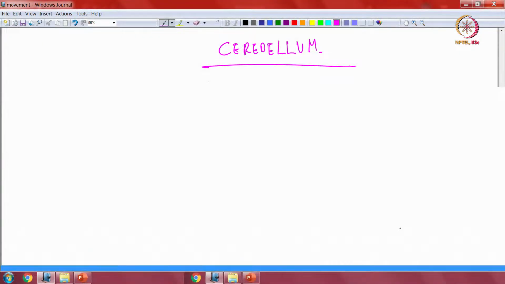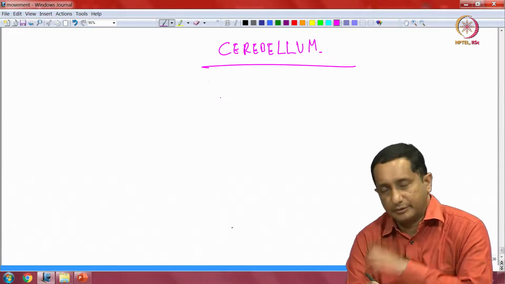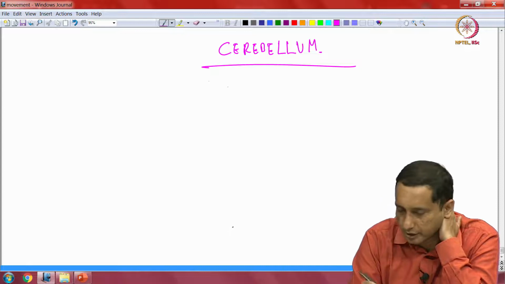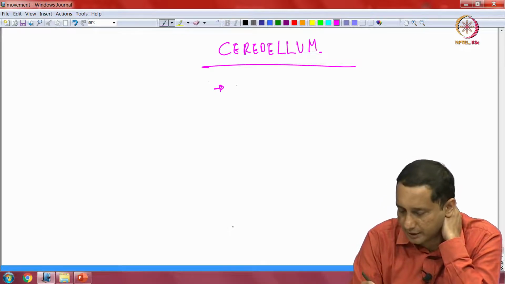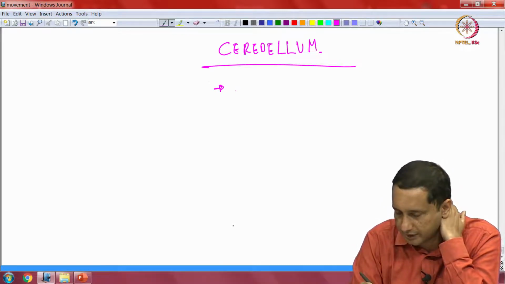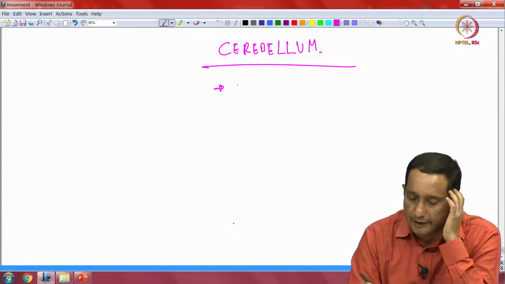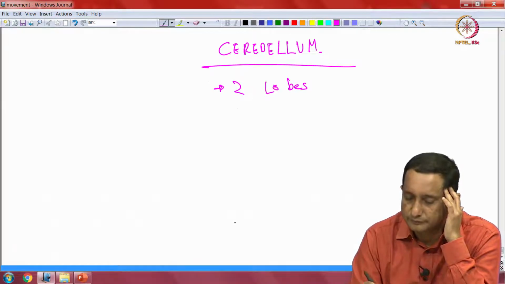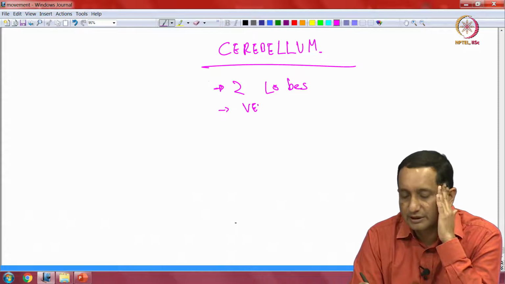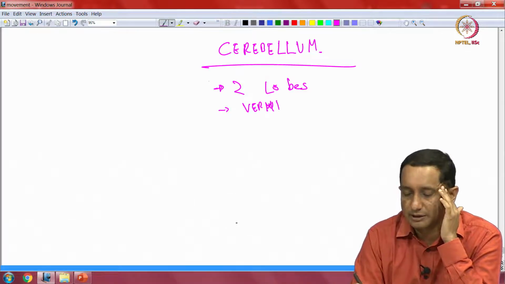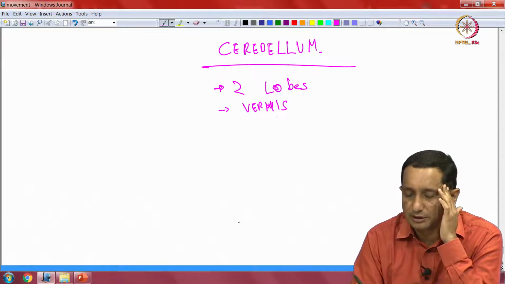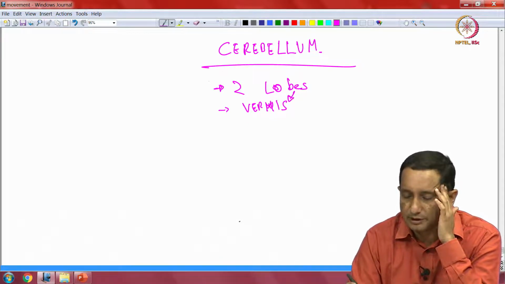We proceed to a more interesting topic, cerebellum. The cerebellum is located somewhere over here. I have explained in anatomy how to recognize it in an image, how it looks. You have two lobes and you have the vermis in the center. So, two lobes, vermis; the lobes are connected to the vermis.